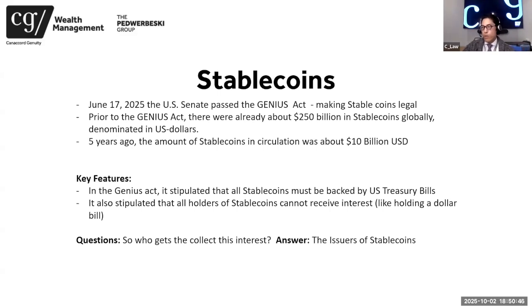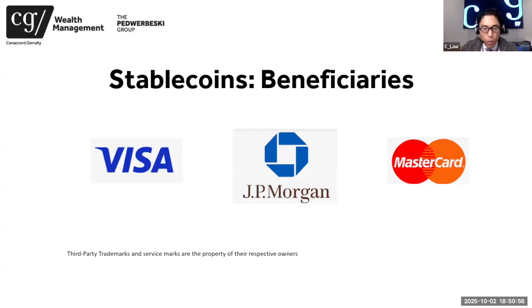So the question is, who gets this interest? And the answer is the issuers of stablecoins. Moments after the Genius Act was passed, many companies announced that they were ready to issue stablecoins. Among them were JP Morgan, Visa, and MasterCard, all of our core holdings, who have been working on this project for many years already.